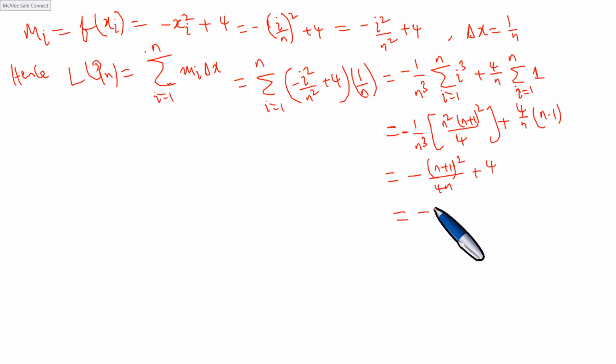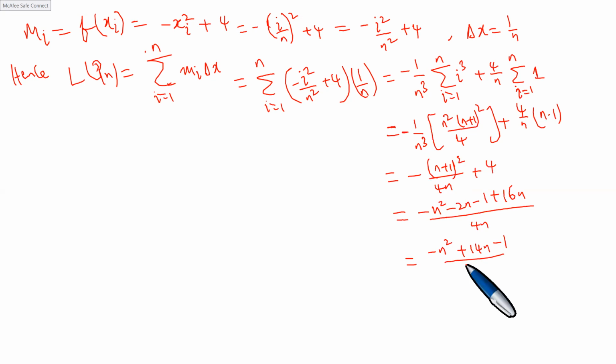So we can do many things with this and write n squared minus 2n minus 1 plus 16n, just adding these things up. So we have minus n squared plus 14n minus 1 over 4n.